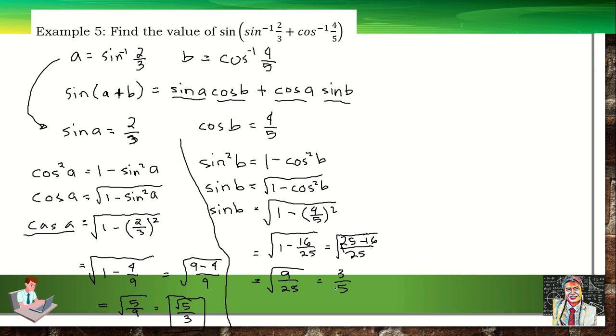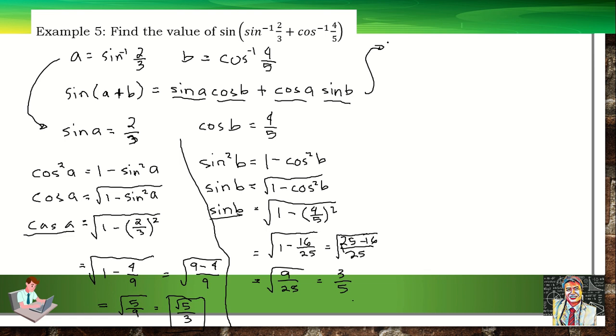Okay? So, meron na tayong dalawang values. For sine B that is 3 over 5 and for cosine A is square root of 5 over 3. Okay? So, ngayon, proceed tayo dito sa computations na yan.